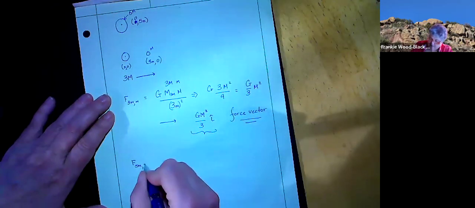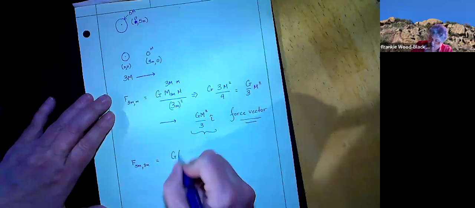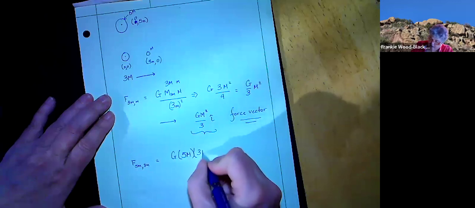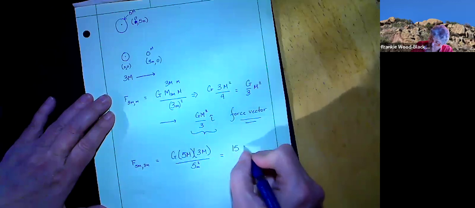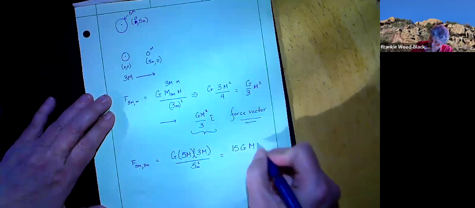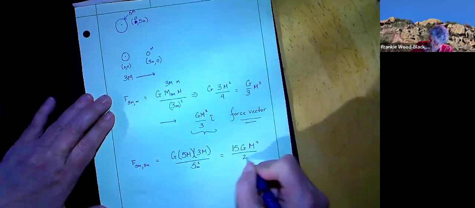Well, now let's do this one. So that's going to be my force between the 5m mass and the 3m mass. So now I've got G, and now I've got my 5m, and I have my 3m, and now that's at 5 squared meters. So now I'm going to have 15 G m squared divided by 25.